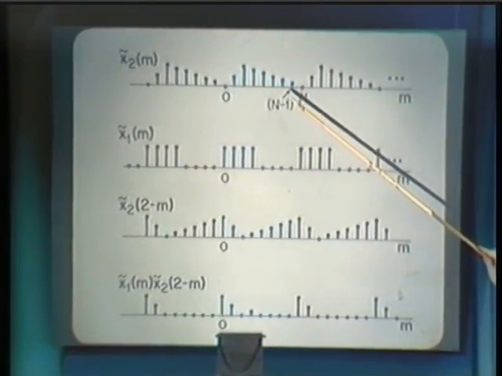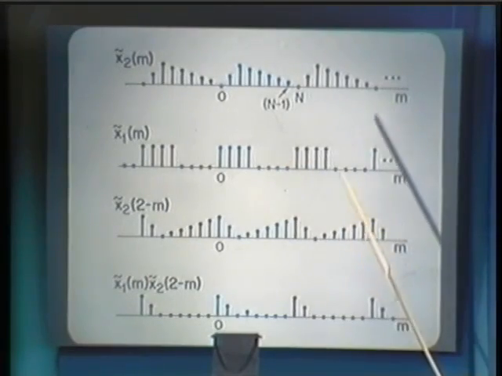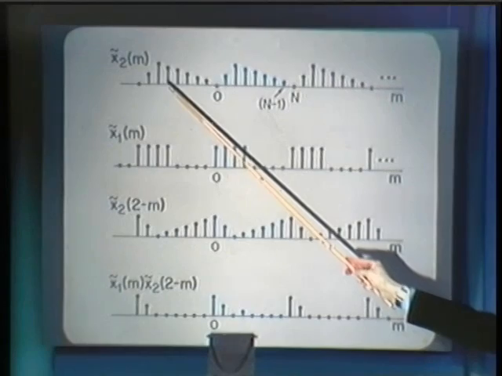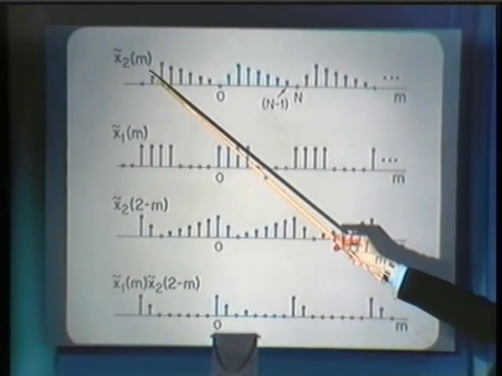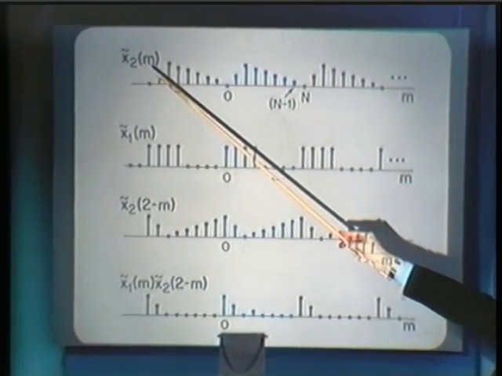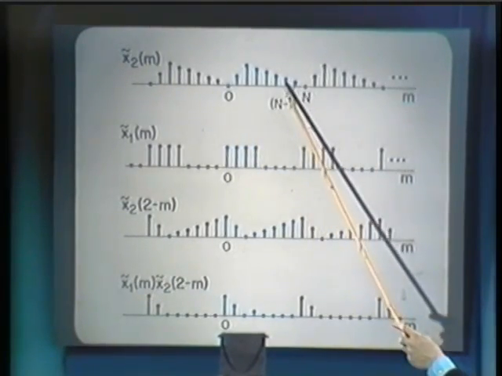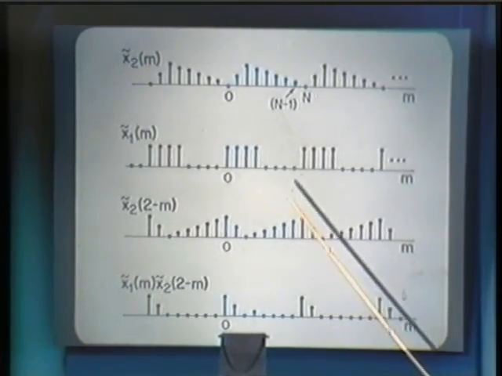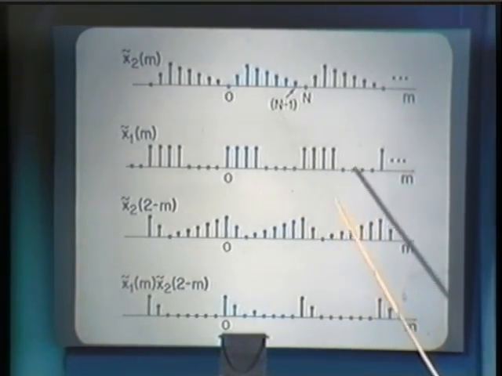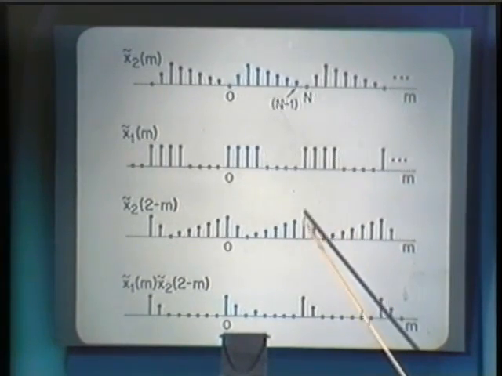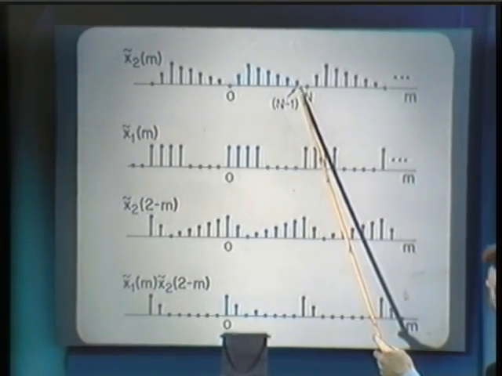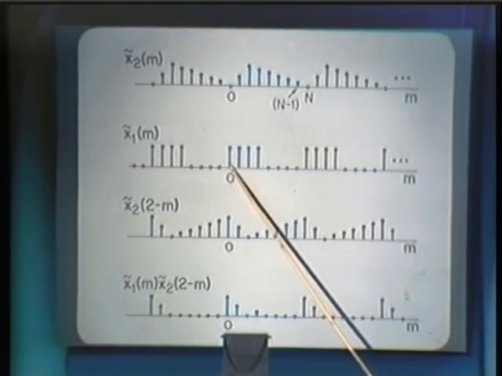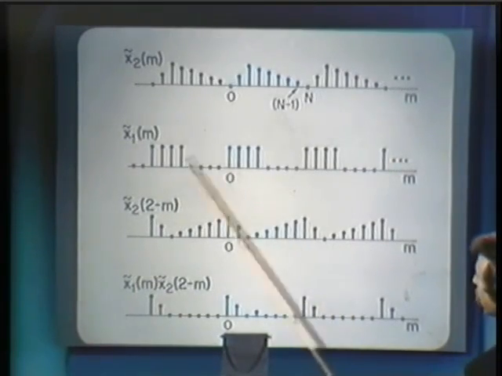To form the convolution of these two sequences, what I would like to do is generate x2 tilde in general of n minus m, multiply that by x1 tilde of m, and then sum up the result over one period. I'm indicating, by the way, in blue, just one period of this periodic sequence, and similarly in blue, one period of this periodic sequence.